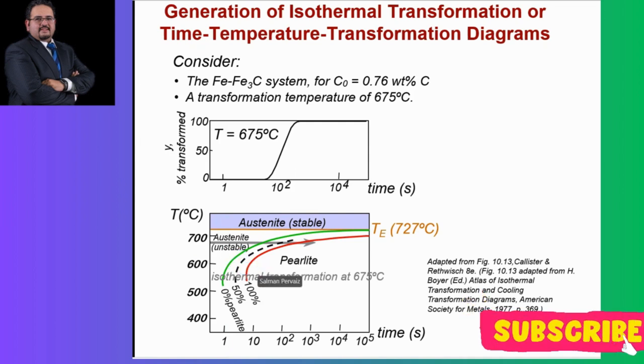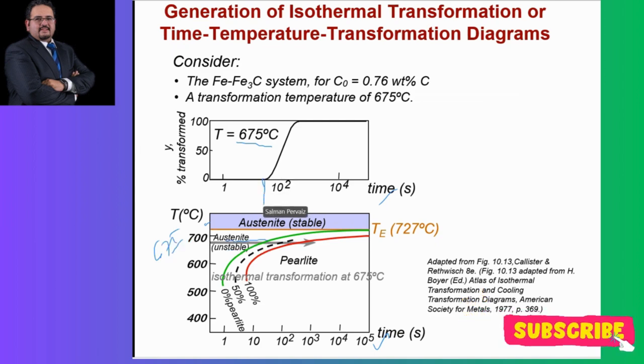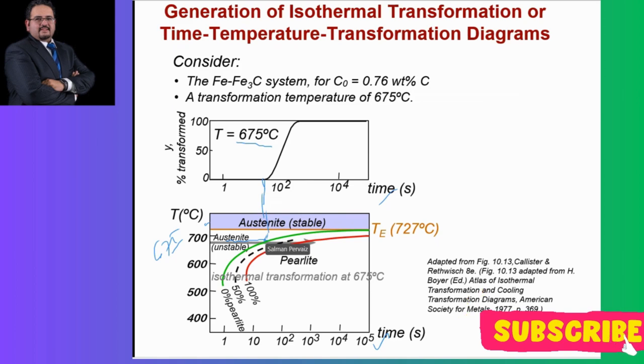In this case, I have the same time axis, and I'm talking about the 675 transformation. The temperature is reduced from 727 to 675, this gray line. And here the transformation is started. This middle is where 50% transformation is achieved.